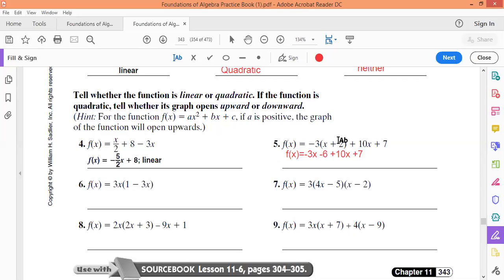Okay. Now combine the x terms together and the numbers together. In the next step, f of x equals, look at there, negative 3x, positive 10x.